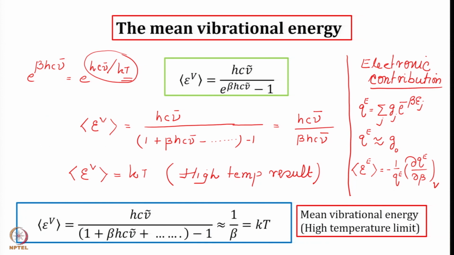Here you can examine that if the value of Q electronic is a constant, the derivative of a constant with respect to beta is going to be 0. That means the mean electronic energy under normal conditions of temperature you do not have to worry about.